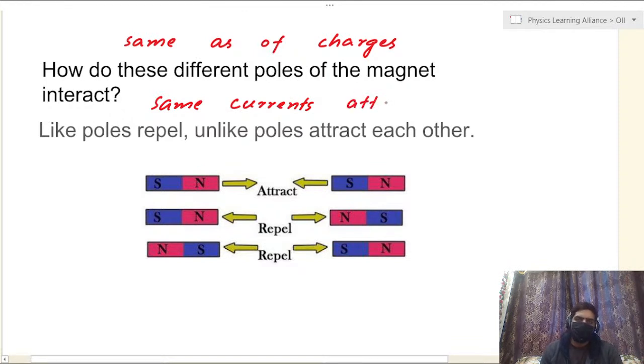For current, it would be the other way around. And basically, we will study that it's not that the currents are actually attracting or repelling each other. No, current would not itself be doing that. It is the magnetic field that is produced in consequence of that current which attracts or repels.